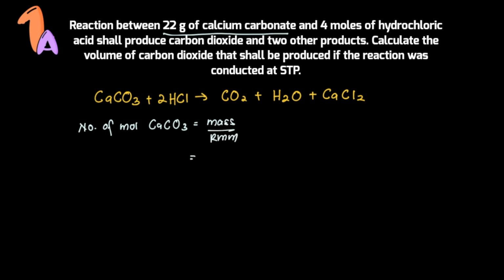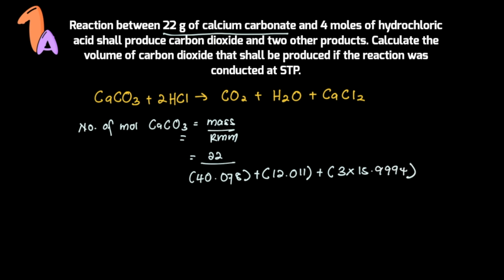The mass is given to you, which is 22 grams, and your RMM is, for your calcium, 40.078, and for your carbon 12.011, and for your oxygen 3 times, because you have 3 here, 15.9994. So you will get the moles of your calcium carbonate is equivalent to 0.2198 mole.